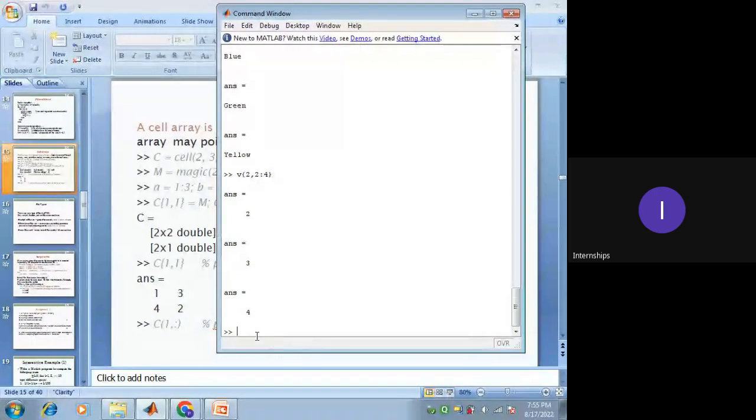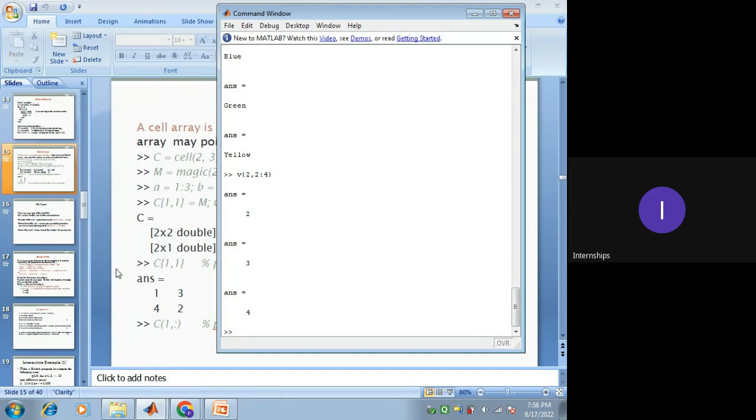So these are the common commands that we will require whenever you write any code using arrays, matrices, or vectors. These are the main commands.